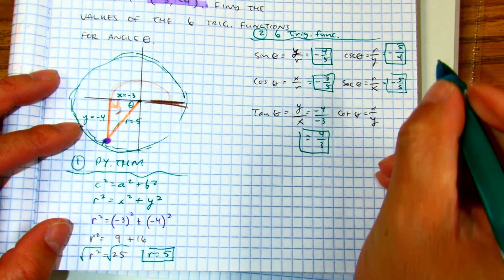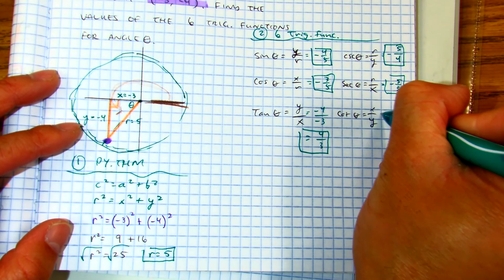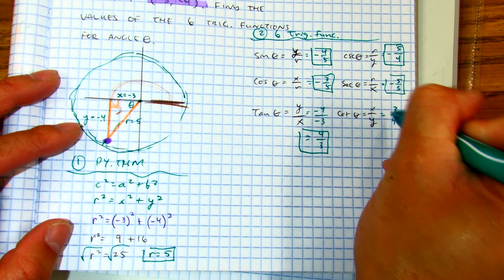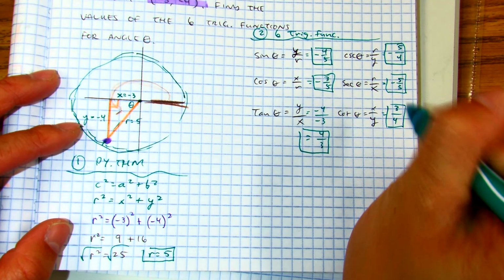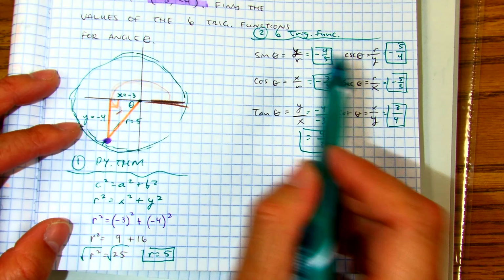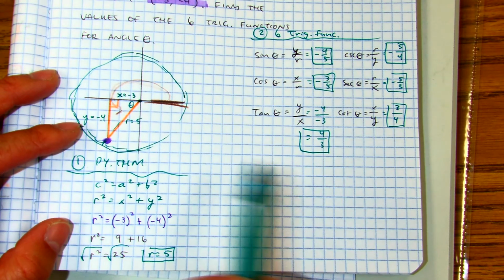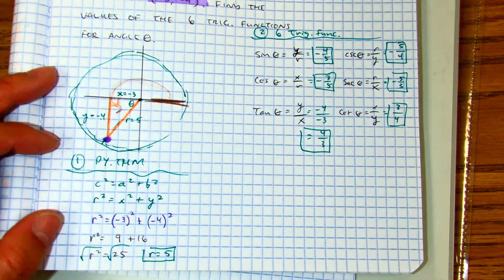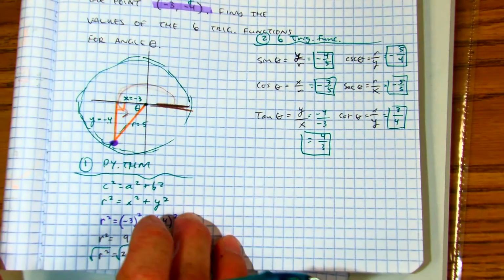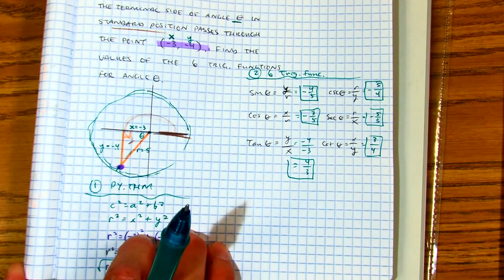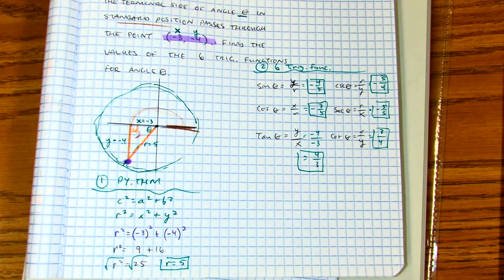And cotangent? 3/4. That's interesting. All of them are negative except for tangent and cotangent in quadrant 3. Interesting. There, we found the 6 trig functions given an ordered pair. Use Pythagorean Theorem, and then your x's, y's, and r's to find the other trig functions.